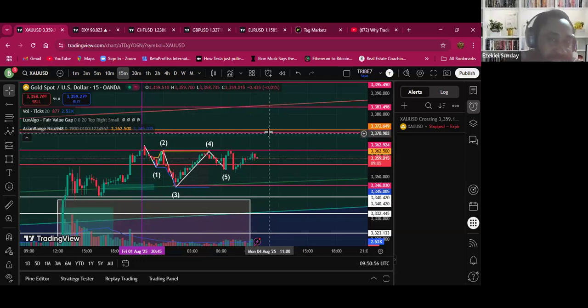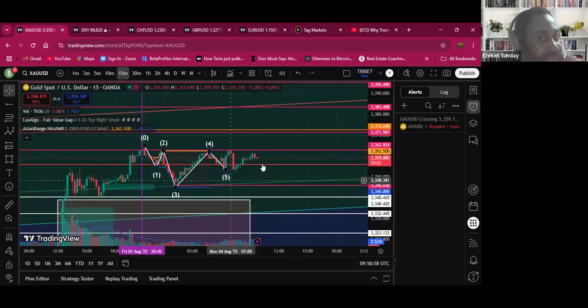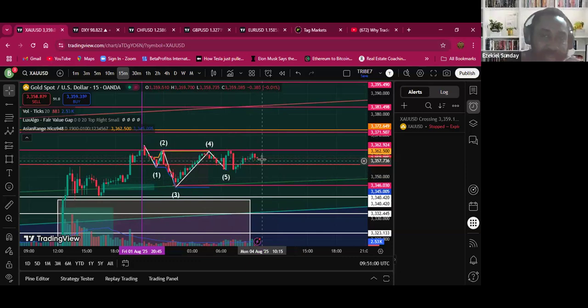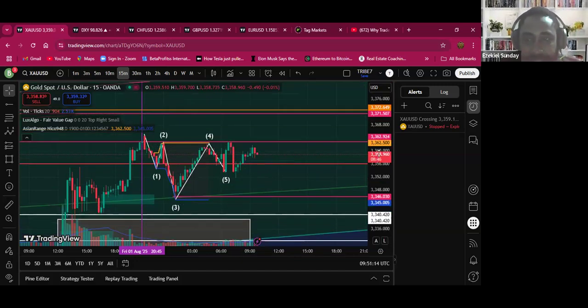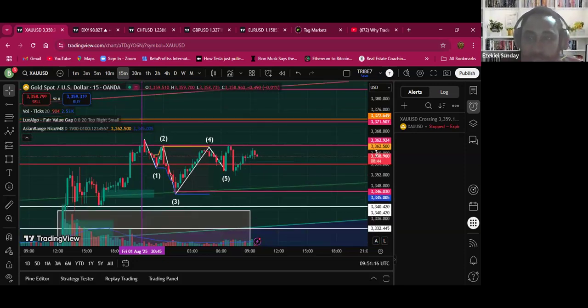But from all indication, the market is on the uptrend, except something else happens and pushes it down this way. You can see it's tilting towards the upside of the Asian range more than the downside. If I want to see this more clearly, I just keep playing around with my ruler.